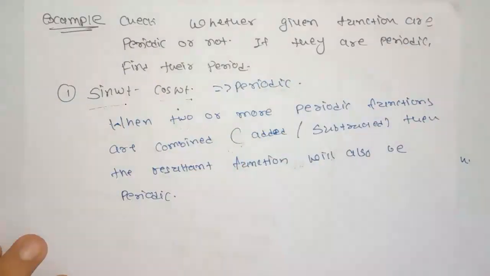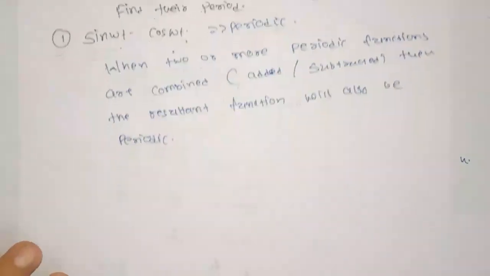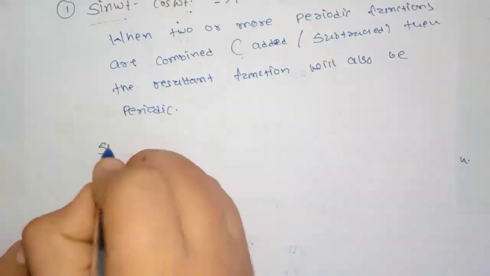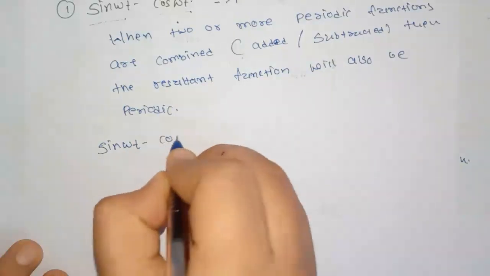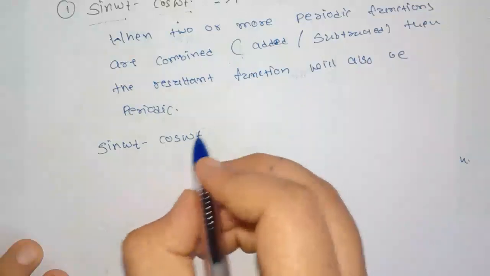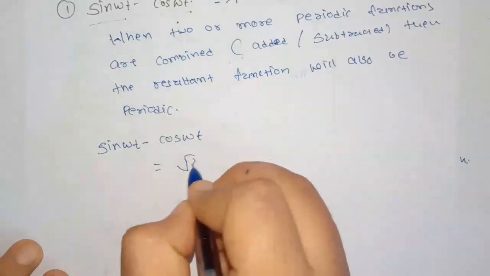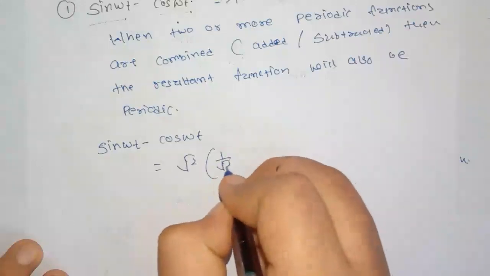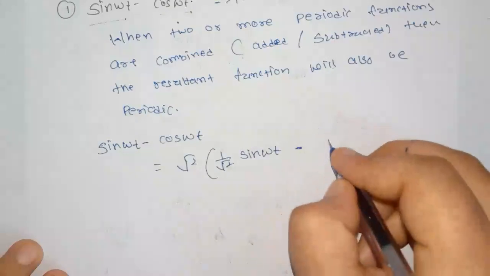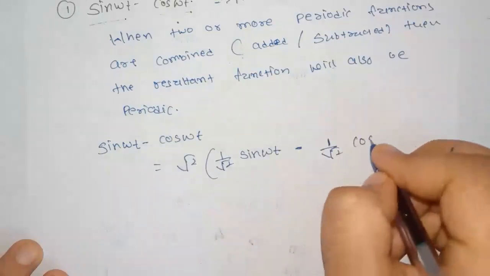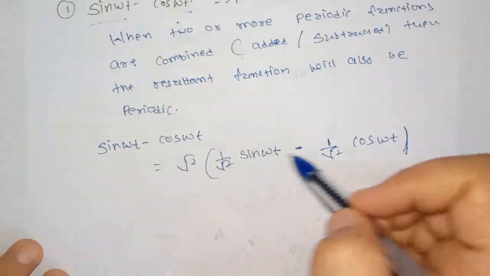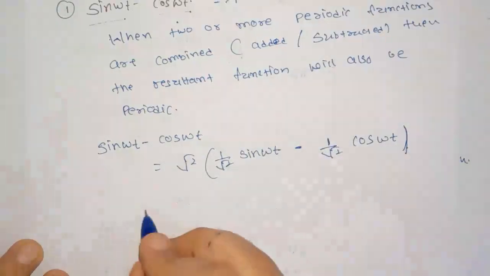If it is periodic, then we have to find the time period of this function. The sin omega t minus cos omega t can be written as root 2 into 1 by root 2 sin omega t minus 1 by root 2 cos omega t. We have multiplied and divided with root 2.